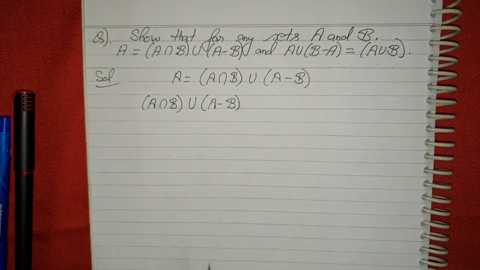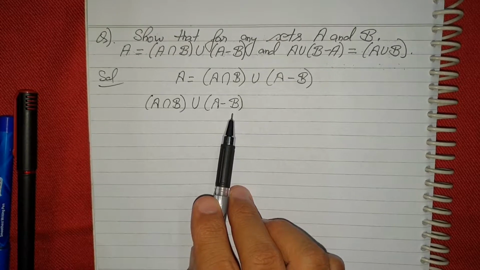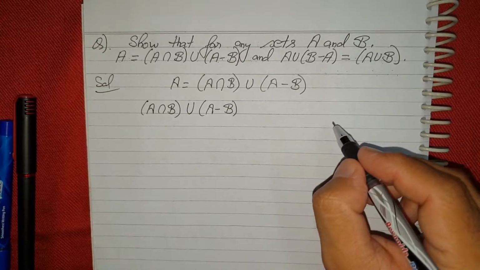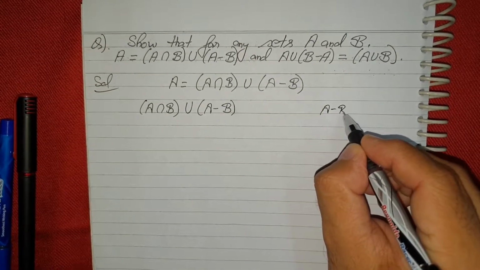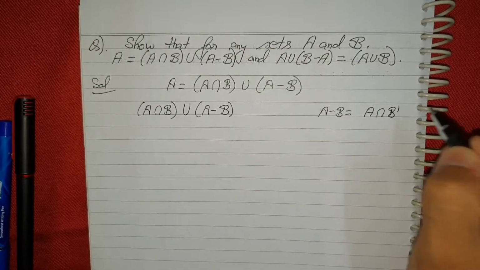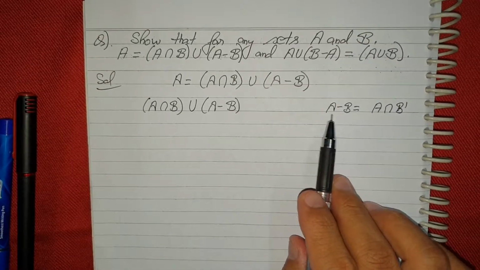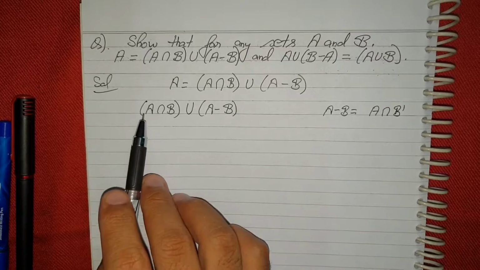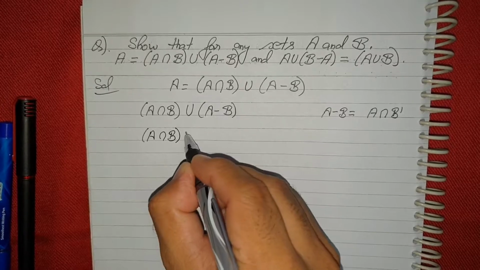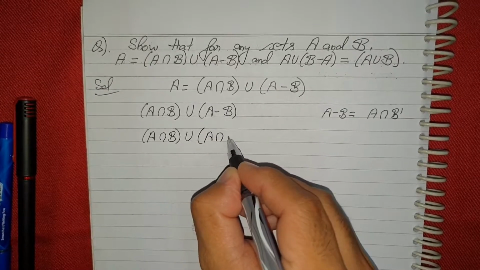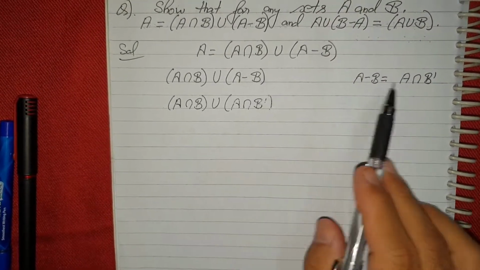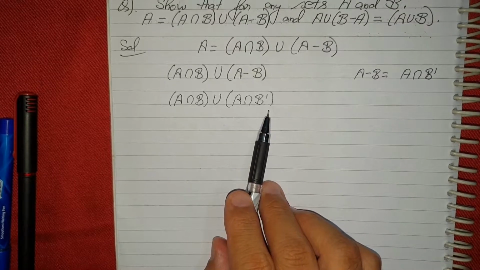Now the thing is that A minus B can be written as A intersection B dash. These are from the Venn diagrams only, like A minus B is equal to A intersection B dash. So A intersection B union A intersection B dash, as A minus B can be written as A intersection B dash.